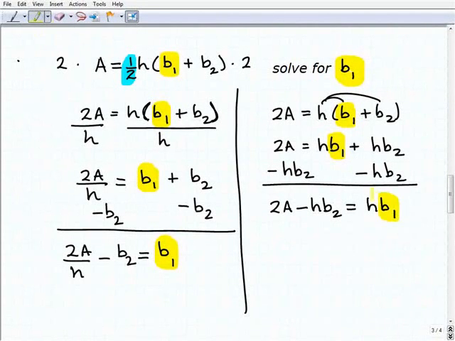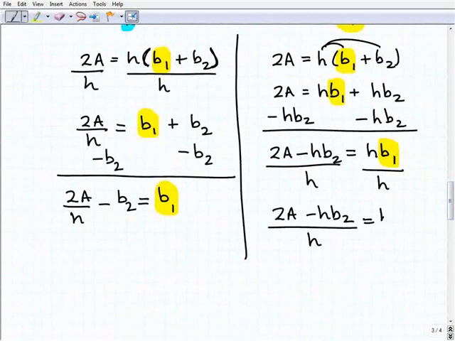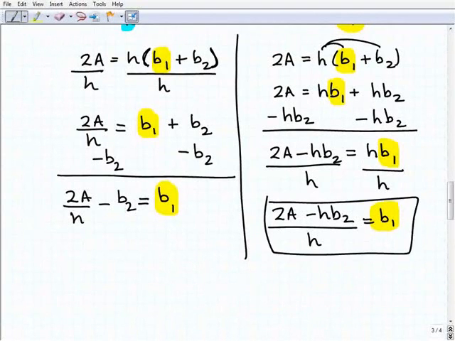Now, to solve for b1, I have to divide both sides of the equation by h. So b1 equals 2a minus h times b2, divided by h. So here are two answers, but they're both equivalent.